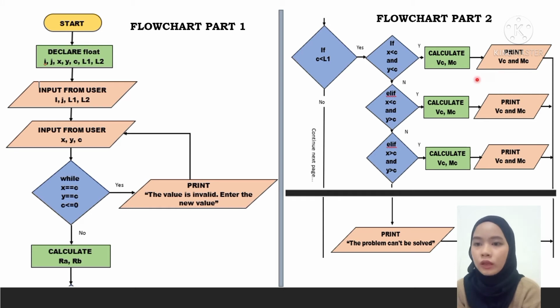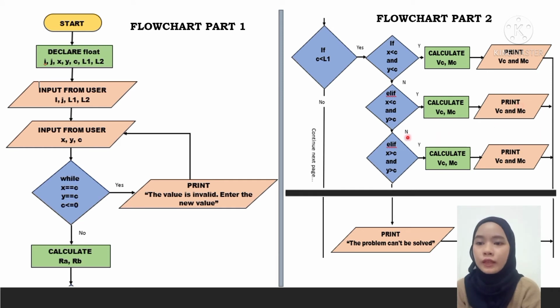If not, it will look at the second condition, which is X less than C and Y more than C. If the operator is correct, the program will calculate VC and MC, then print the value of VC and MC.